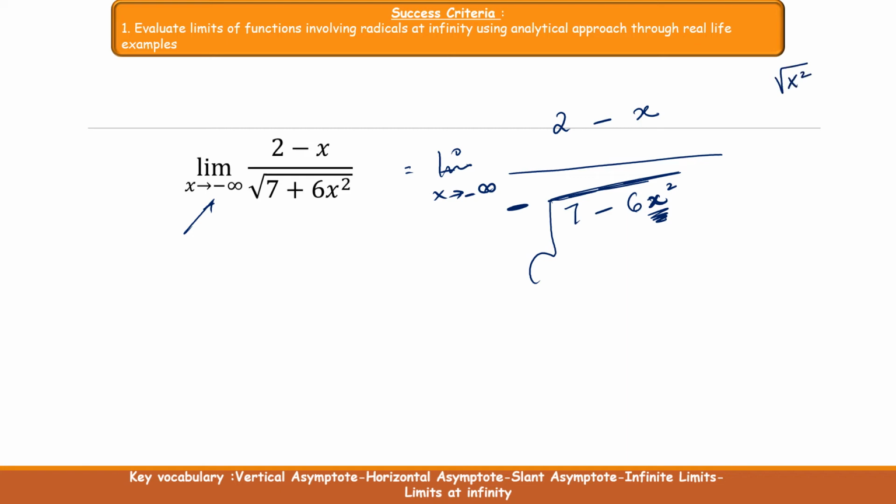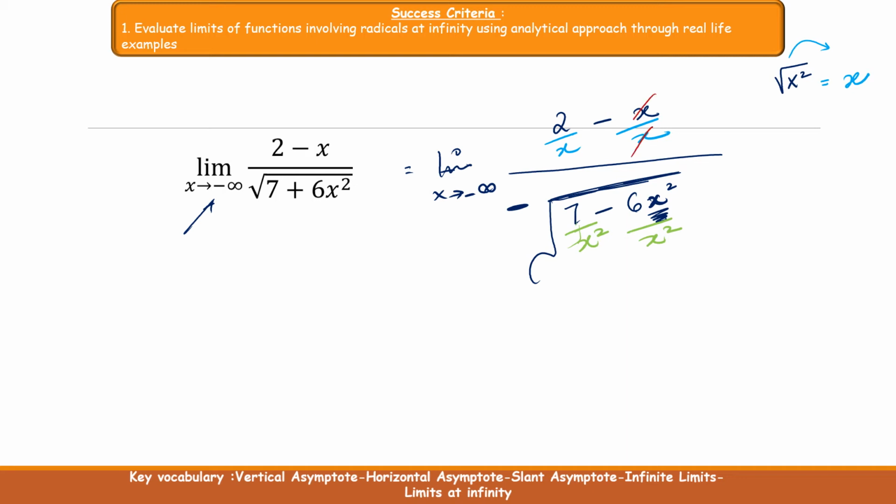When I divide the whole thing by the denominator, I will write x square. But in the numerator, I don't have any square root, so the square root of x square is equal to x, due to which I will divide by x in the numerator. After doing this, we will simplify.